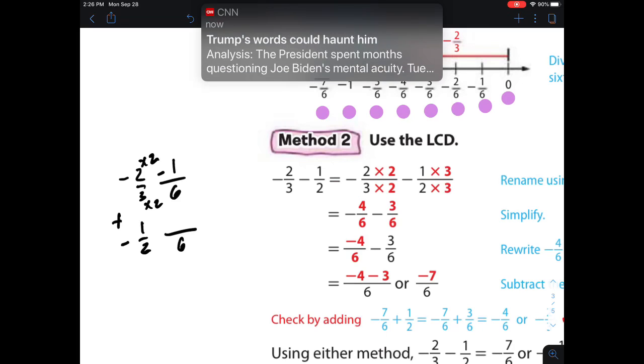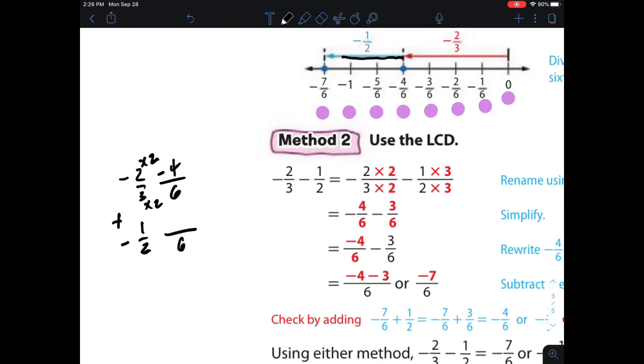This becomes negative 4. And for us to get to 6 here, we multiply this by 3, therefore we multiply the numerator by 3 to get negative 3. And negative 4 plus negative 3 will give you negative 7 over 6.